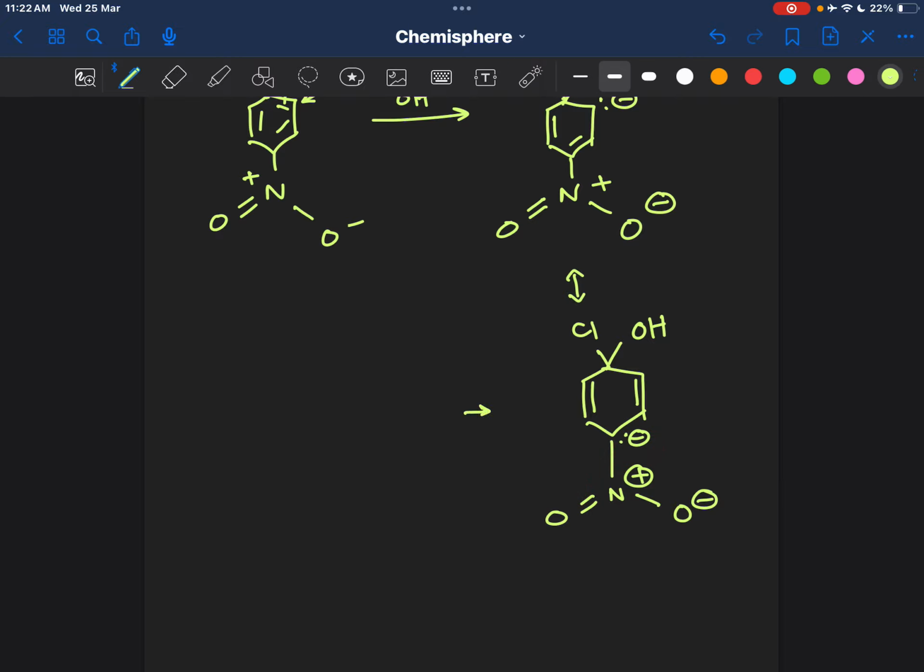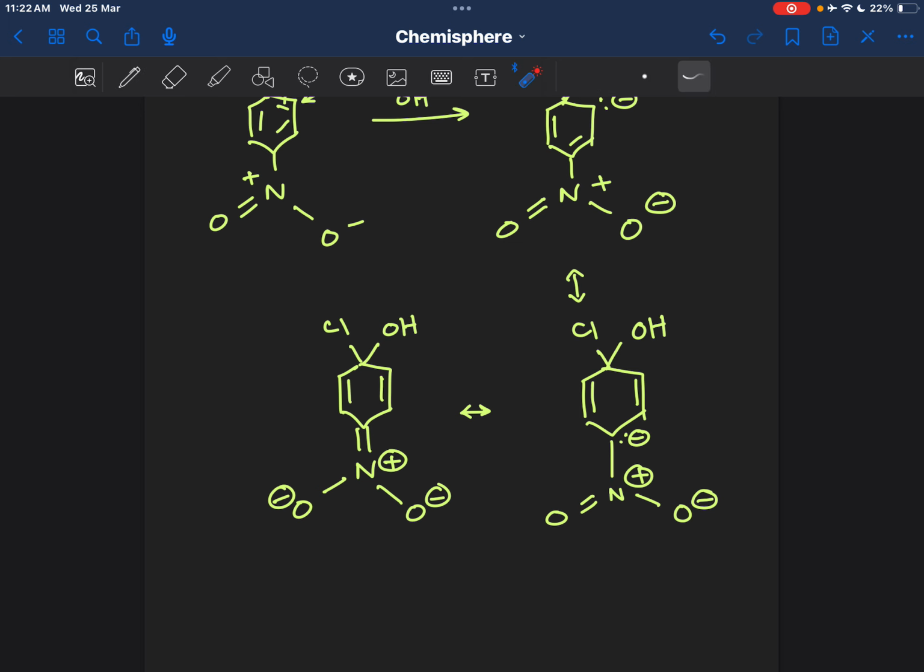So the next resonance structure will be Cl, OH, double bond here, N, O minus and O minus, right? So can you see this NO2 group pulled electrons out from the ring? Now because it is pulling electrons out from the ring, it decreases the electron density here, and therefore facilitates the attack of a nucleophile, because nucleophile is negatively charged. It does not want much electrons in the ring, right?